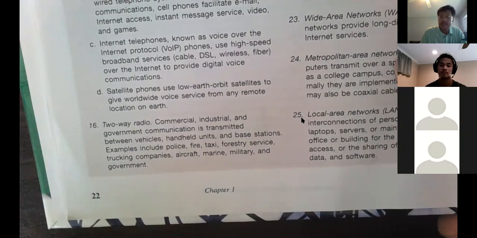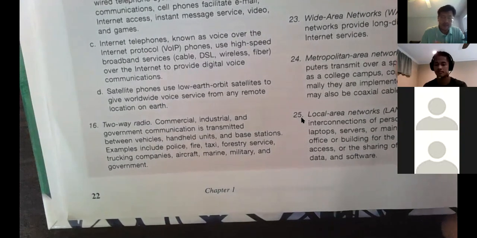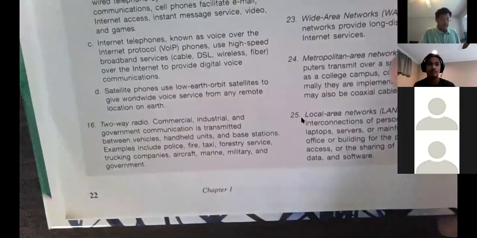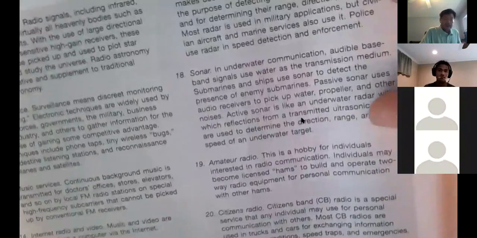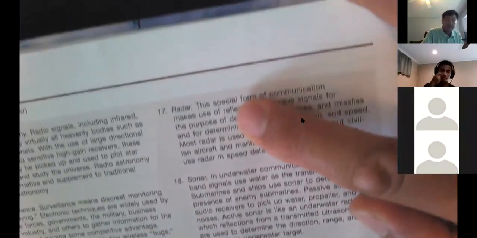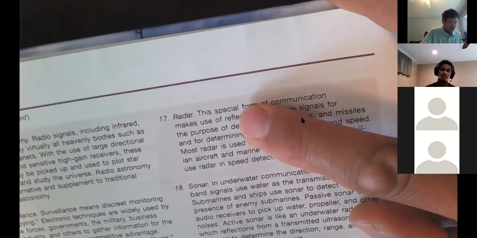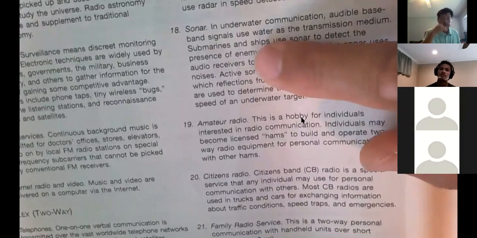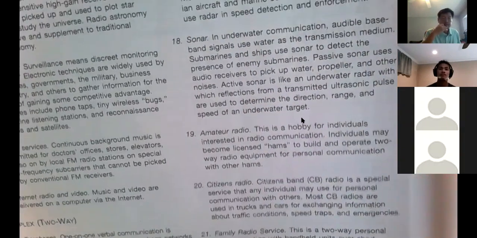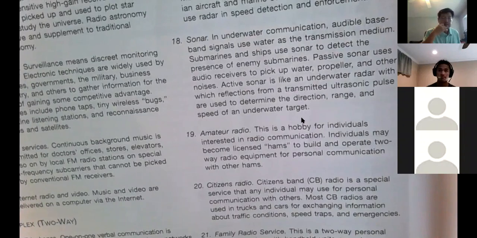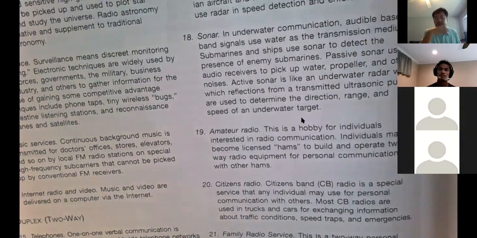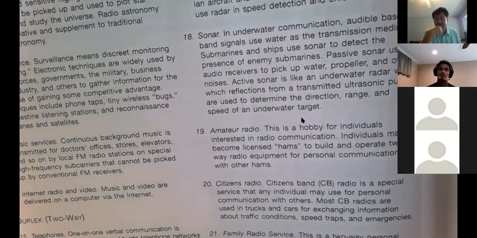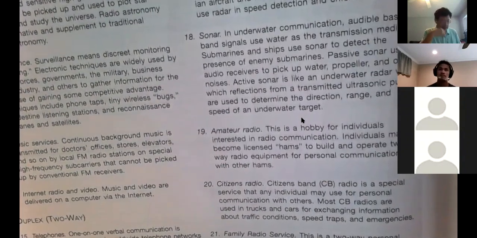For example, you're hiking with your friends, your buddy, you can talk to each other. Radar is a two-way communication. Sonar, underwater sonar, is a two-way communication. Yes, radar and sonar are two-way because you transmit, and you have to listen. That's two-way.